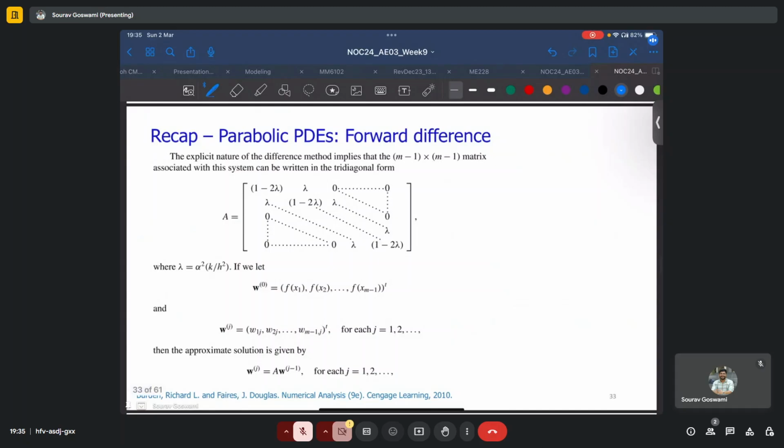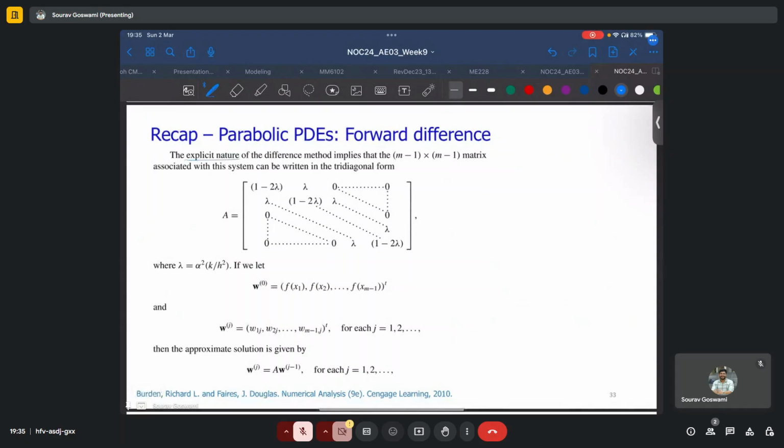What does the explicit nature mean? Explicit nature would imply that the quantity we are solving for is available as an algebraic equation with other known quantities, whereas an implicit formulation would imply that the quantity that we're solving for cannot be expressed as an algebraic equation involving only the known quantities.